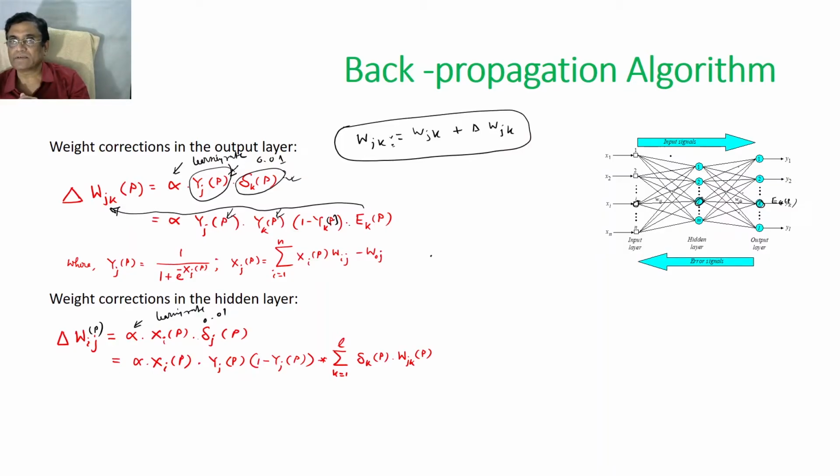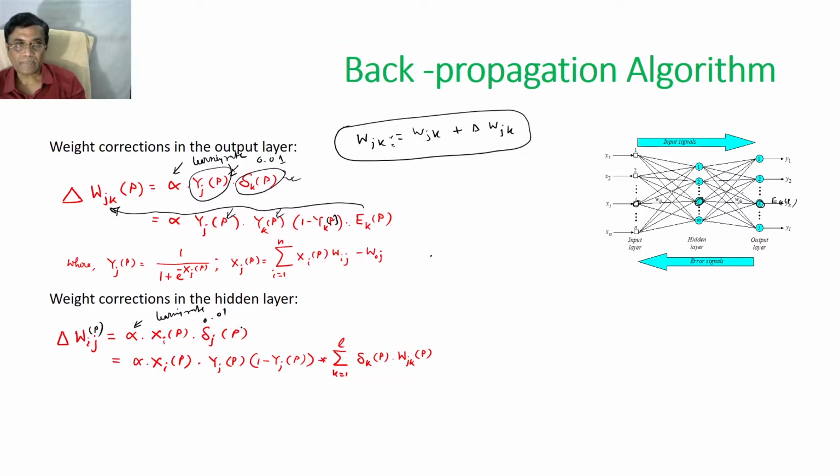Because the W at the beginning of the algorithm are not perfect, so they are contributing error. The only difference is I cannot calculate the error here. I can calculate only the error here, but error will be there, and that error gradient is delta JP.